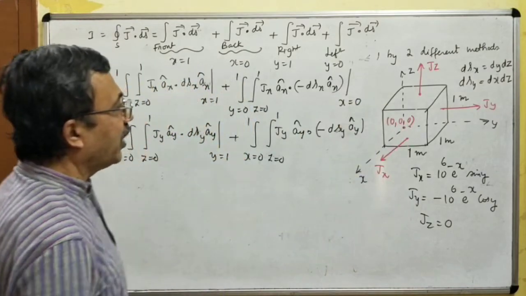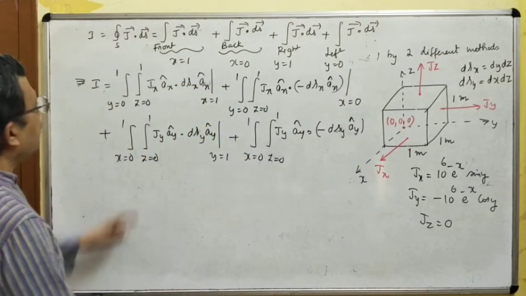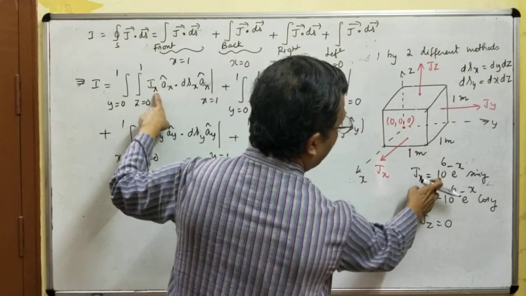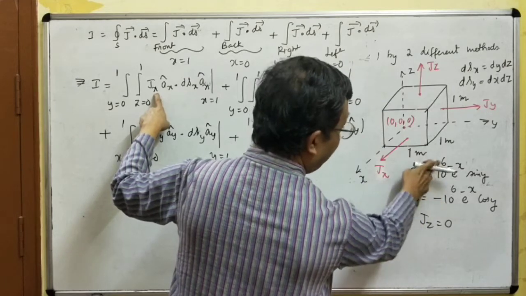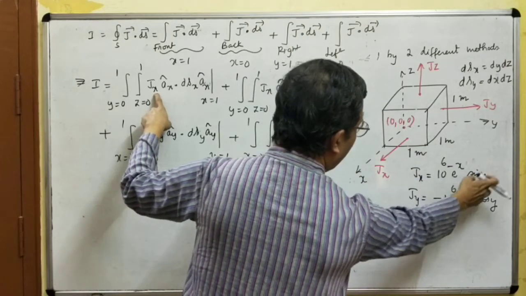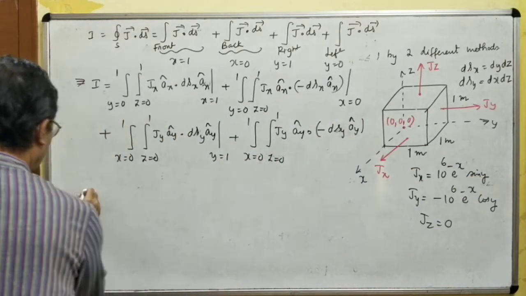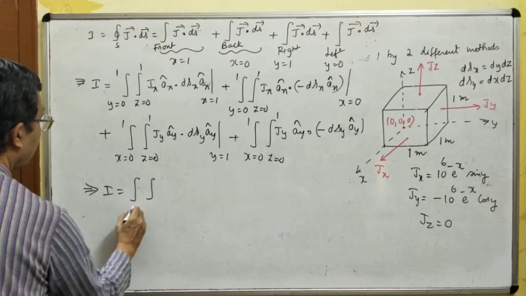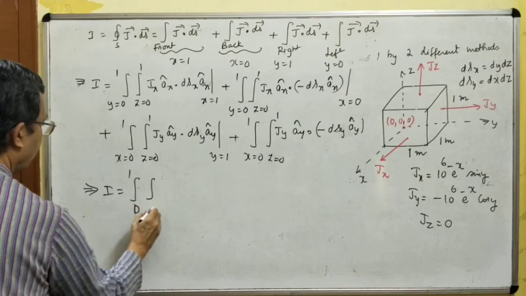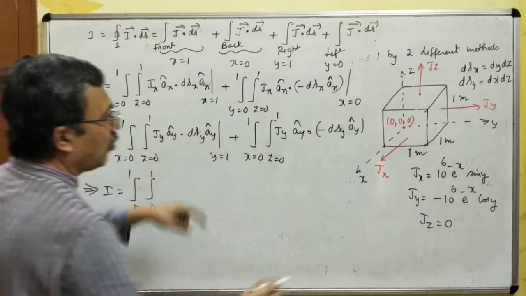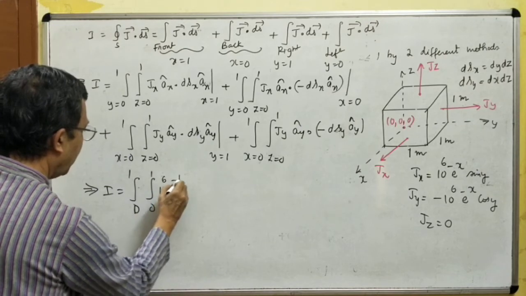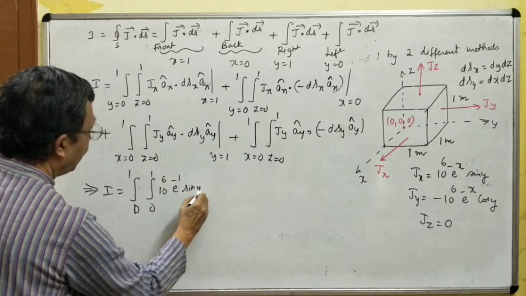What enters is treated as minus. So in the expression for Jx, if you put x equal to 1, you get 10 to the power 6 into e to the power minus 1 into sin y. So this implies I is equal to double integral from 0 to 1. If you put x equal to 1 here, you get 10 to the power 6 into e to the power minus 1 sin y.